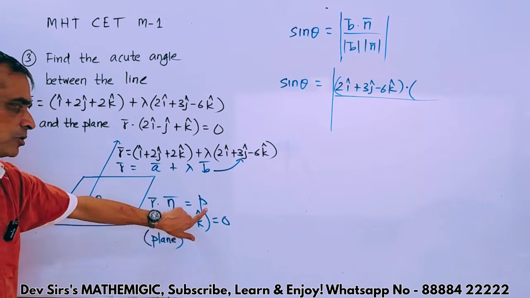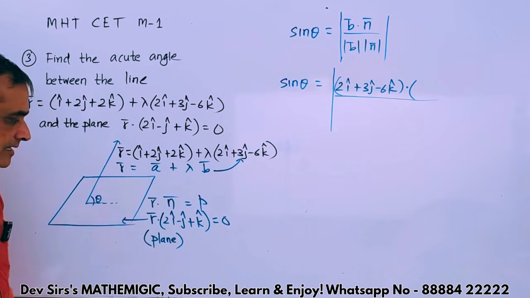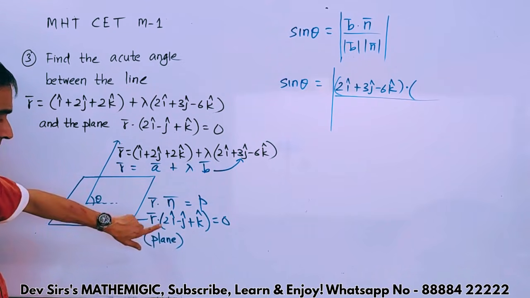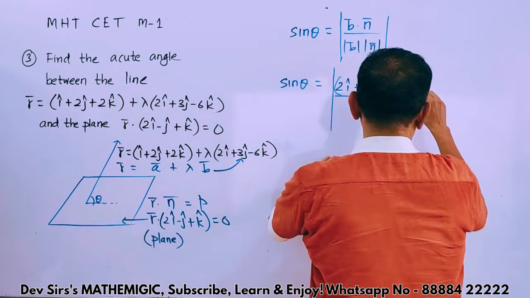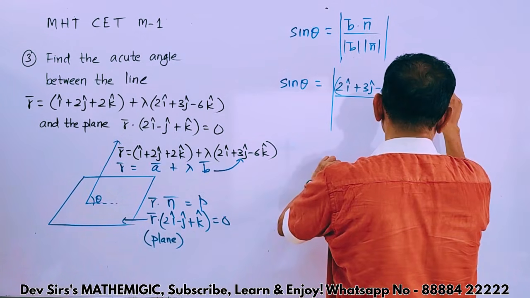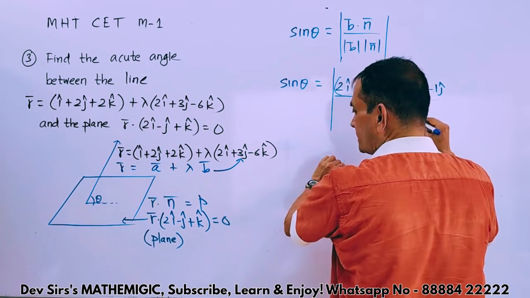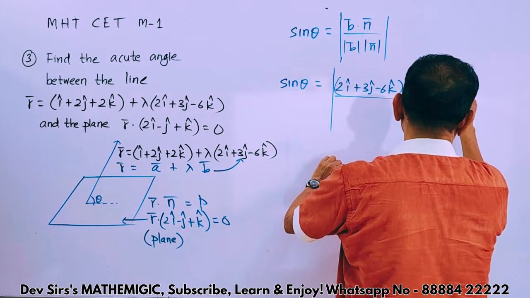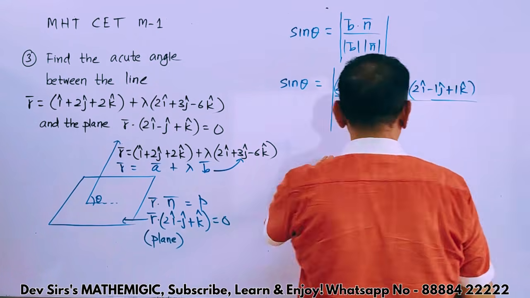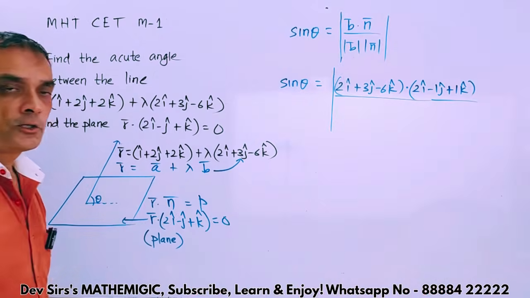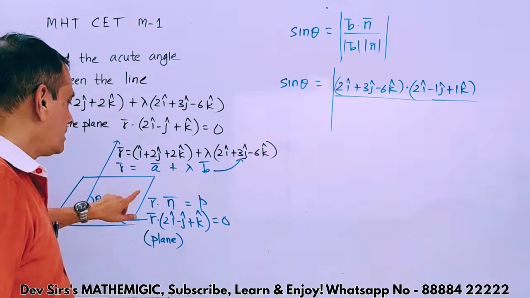We are not concerned about p. It can be 0, it can be something else, some constant. We are concerned about n bar. Minus j means minus 1j plus 1k. Okay? Dot product है ऊपर.